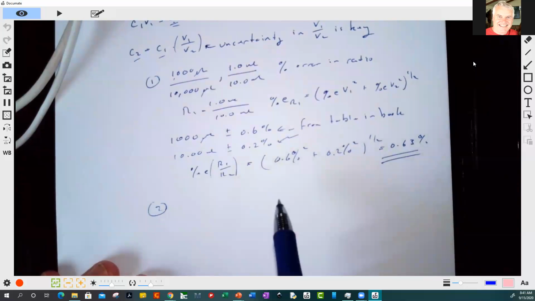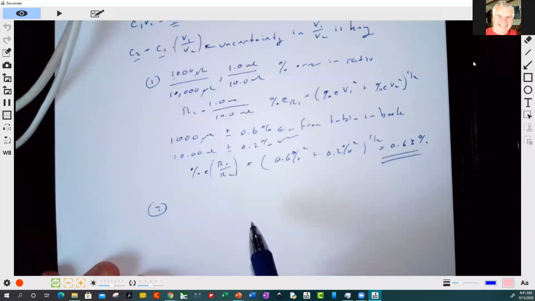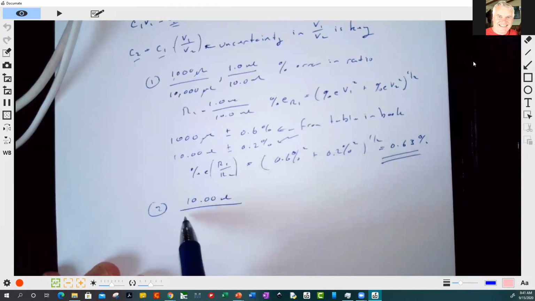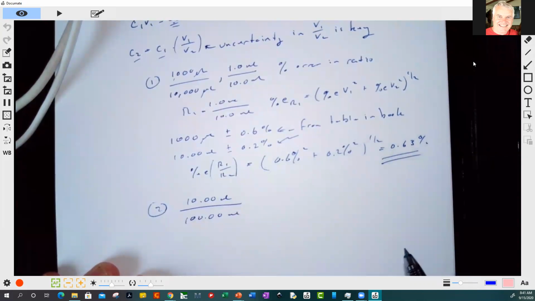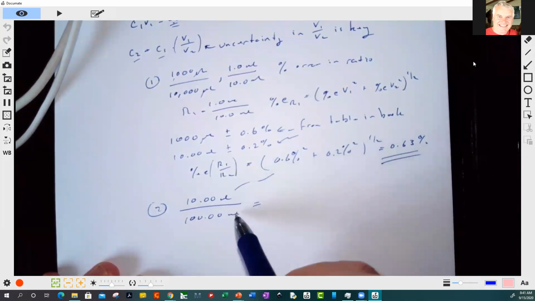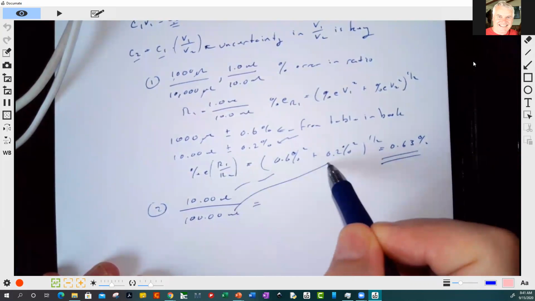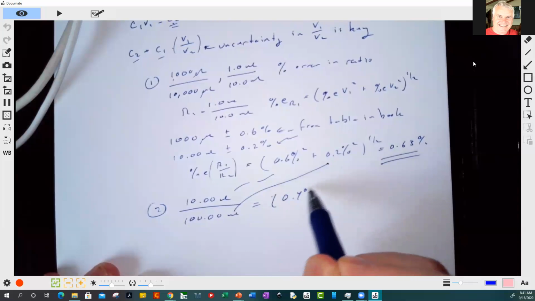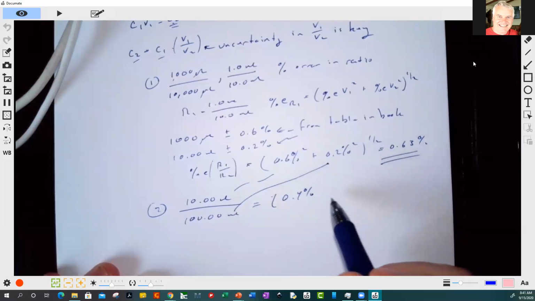Now, number 2 here, let's try a 10 milliliter diluted to a 100 milliliter case, right? And the percent error in this, we'll take the percent errors from these here, and those percent errors are going to be 0.4% and 0.08%.